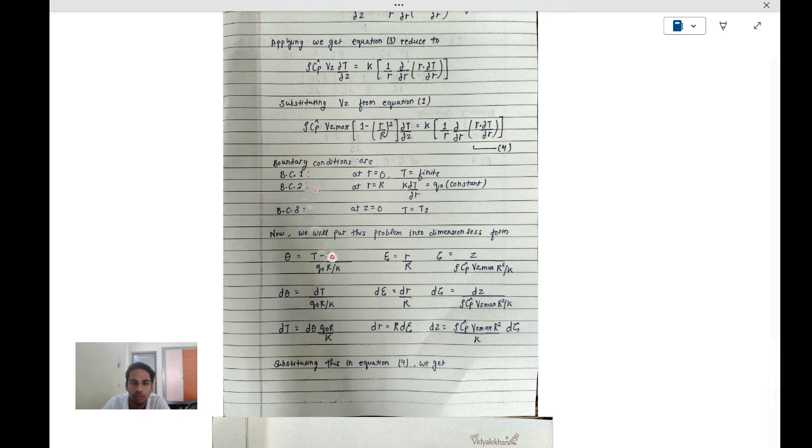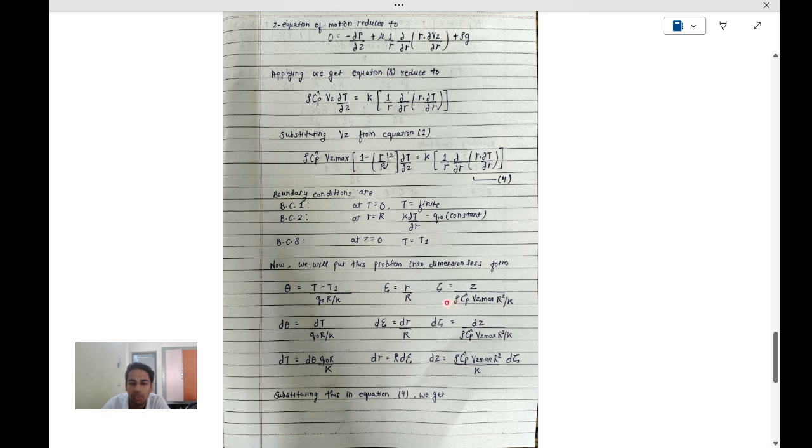For the dimensionless parameter xi, as r upon capital R is there in the expression, we choose xi equal to small r upon capital R. And zeta is the axial coordinate, which is chosen as z upon rho Cp Vz maximum into r square by k.